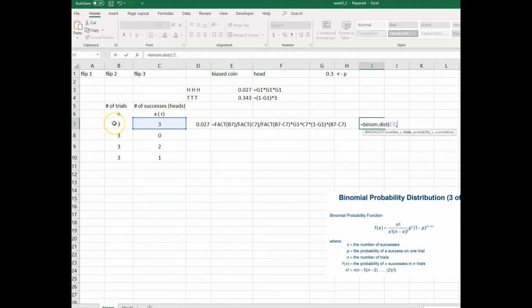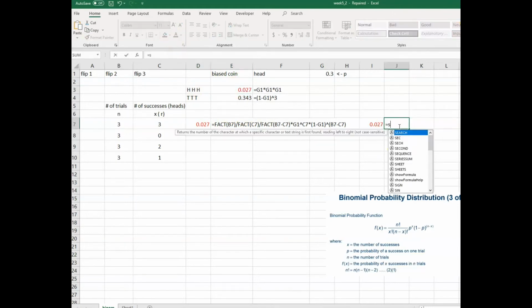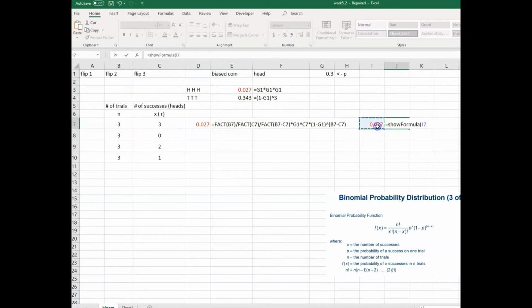The second one is the total trials, and the third input is our probability. The last one is the cumulative flag, which is false since it's not cumulative. Then we have the same result. Again, I'm going to show the formula. So this is the formula.